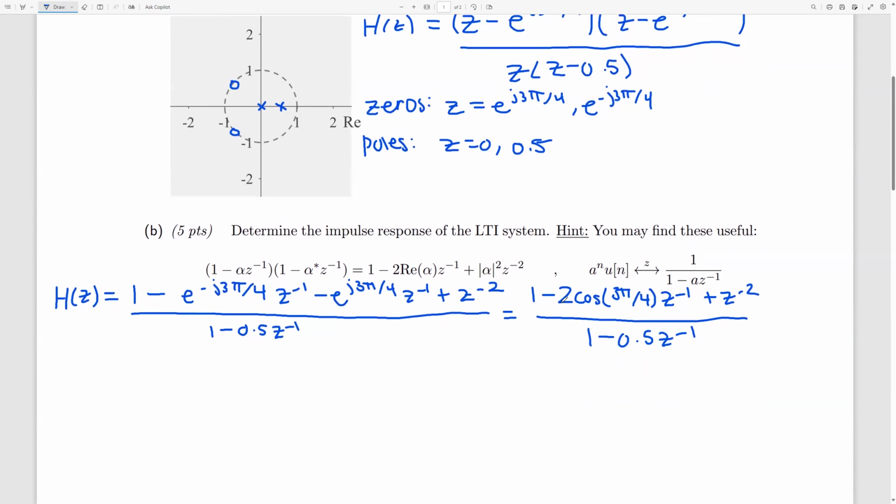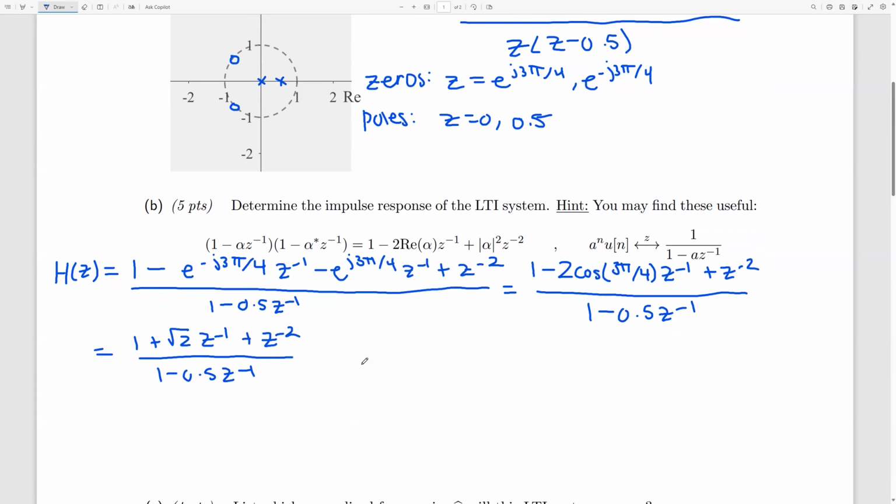At this point, negative 2 cosine 3 pi over 4 is the same as 1 plus square root of 2 Z to the negative 1 plus Z to the negative 2, because cosine 3 pi over 4 is negative square root of 2 over 2, all over 1 minus 0.5 Z to the negative 1.